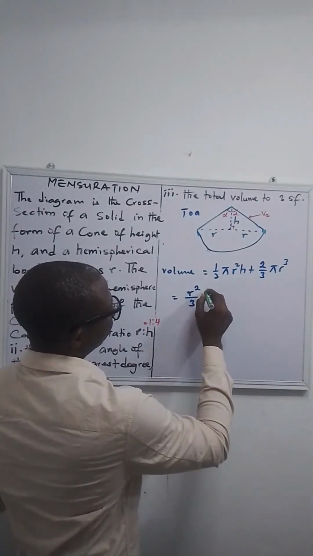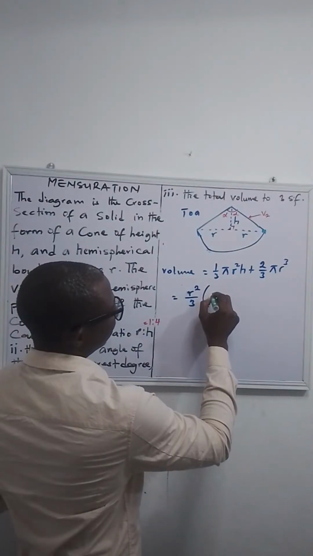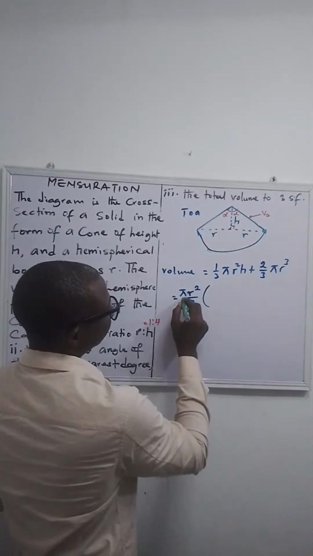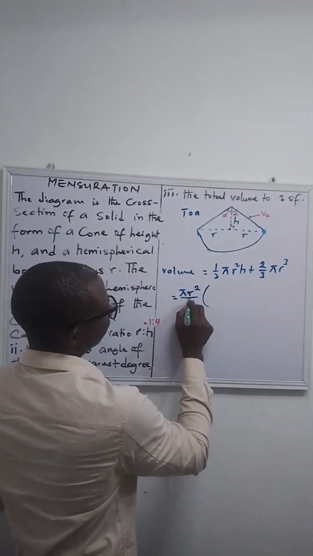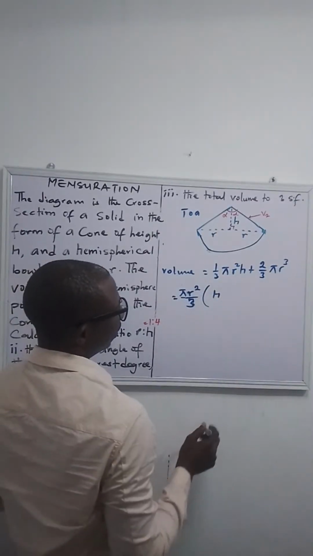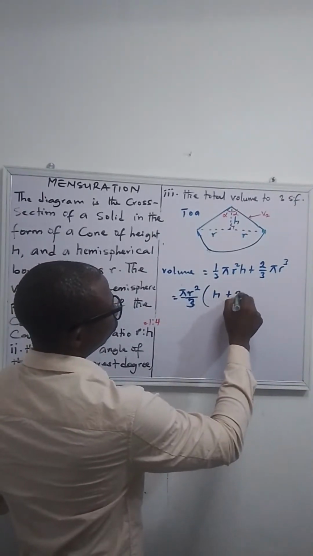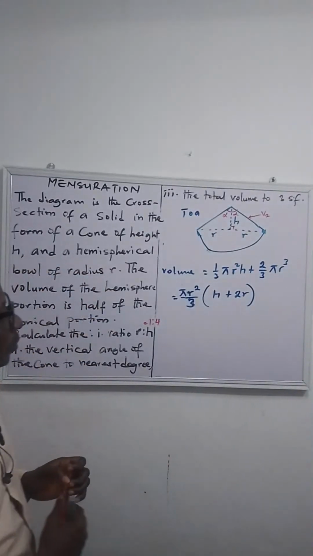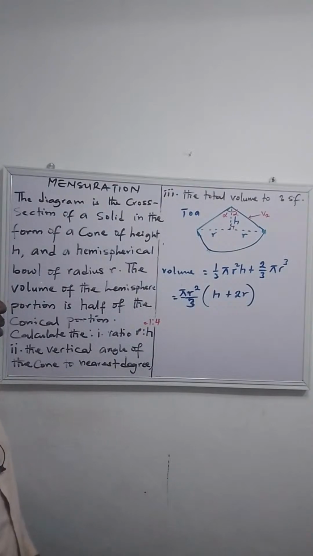We can also factor out pi. So we are left with h here, and we also have 2r here.